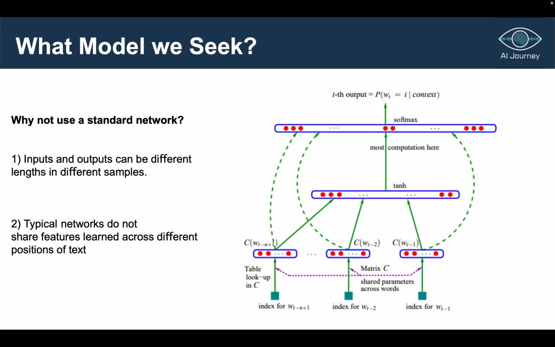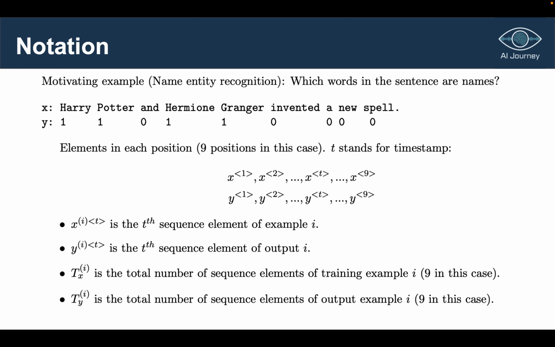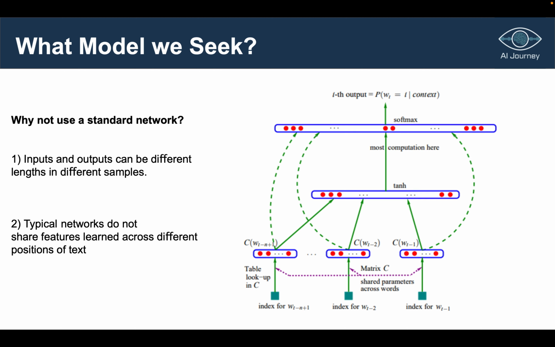Well, to design such a neural network, we need to define the hidden layers, and the hidden layer is expecting a constant dimension from the input vector. And as we can see here, we are processing sentences, and sentences may be of different lengths. So the first limitation we have is that inputs and outputs can be different in length when we process sequences.